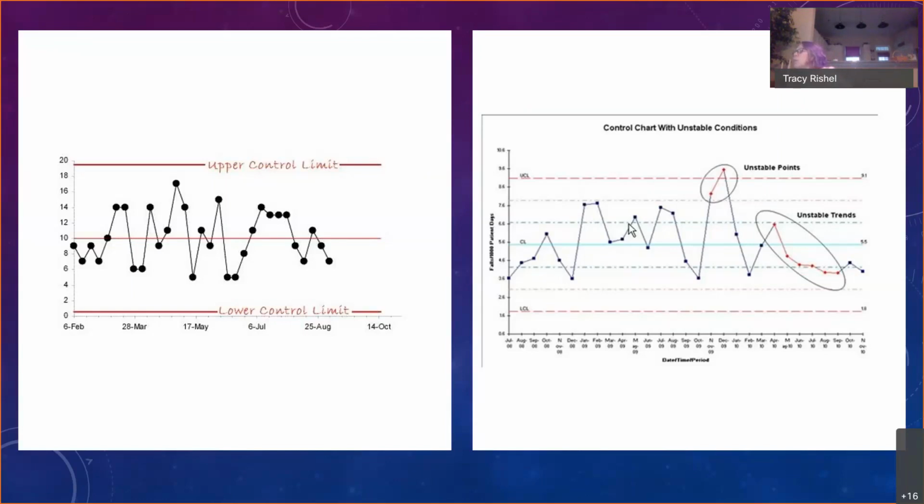We need to look for what an assignable cause is and be proactive and get a grip on it before it goes out of control and we create defects. So again, these charts are very, very useful. Companies use them all the time because it helps prevent defects and it helps them save money.